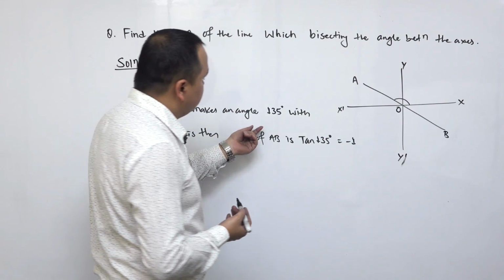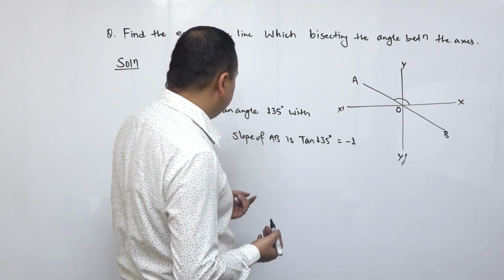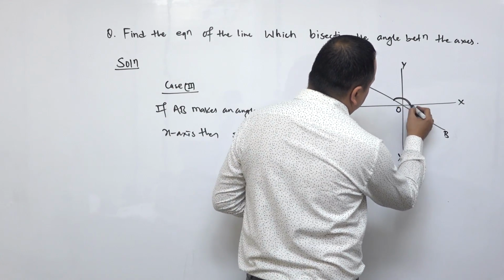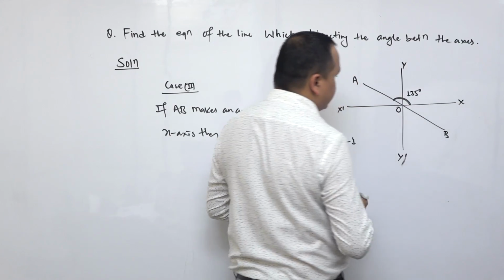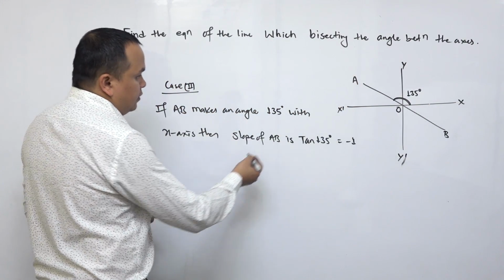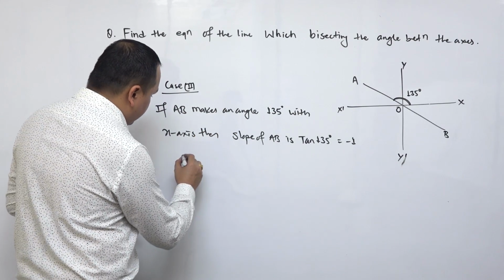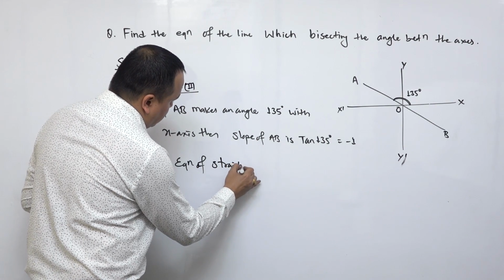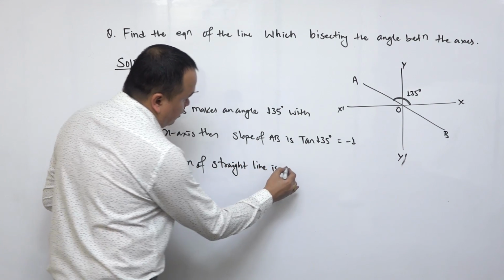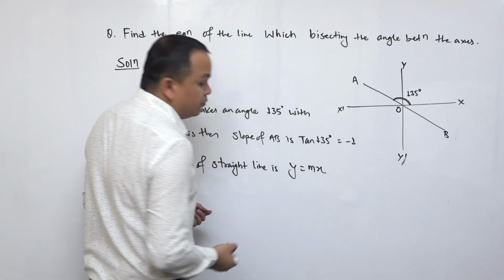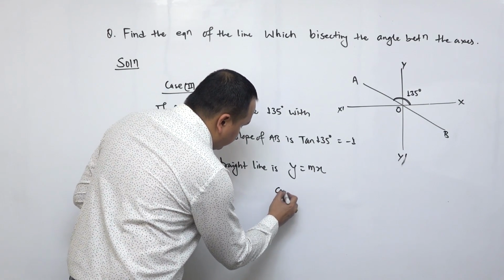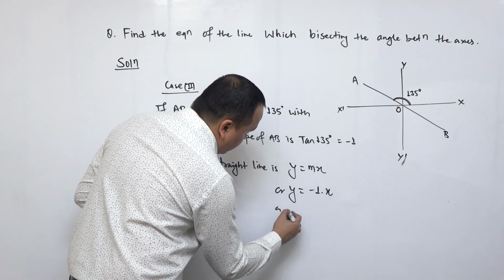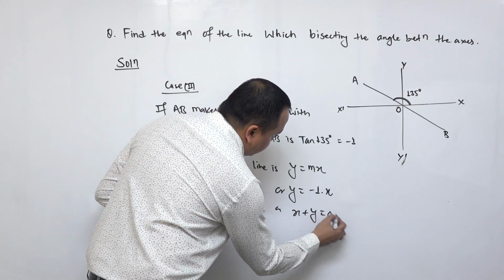makes an angle 135 degree with x-axis. Then slope of AB is tan 135 degree, which is minus 1. This angle is 135 degree. And c is again 0. Now the equation of straight line is y is equal to mx again, because c is 0, or y is equal to minus 1 into x, or x plus y is equal to 0.